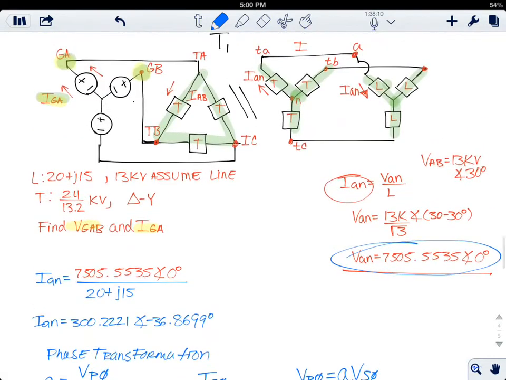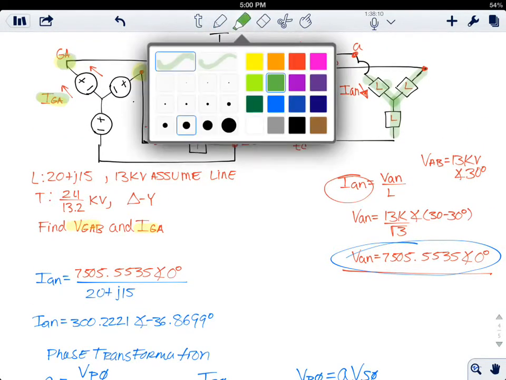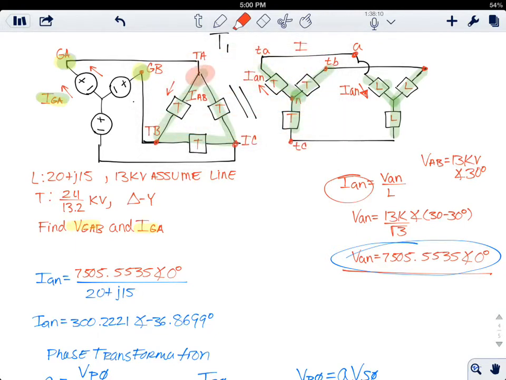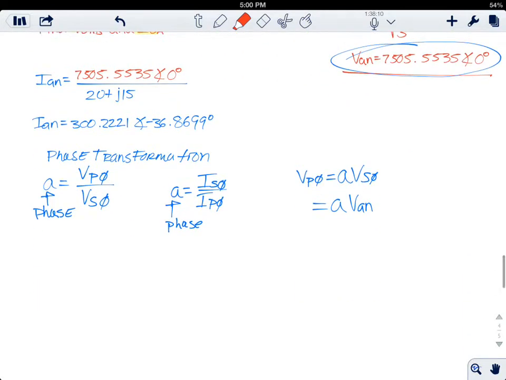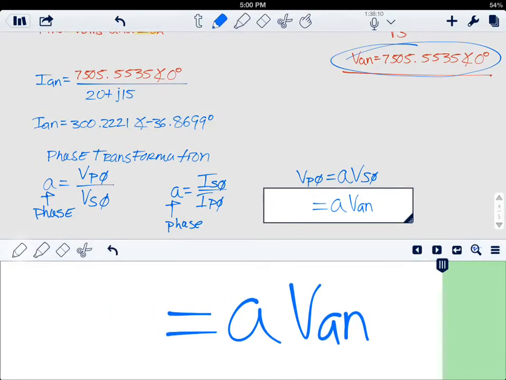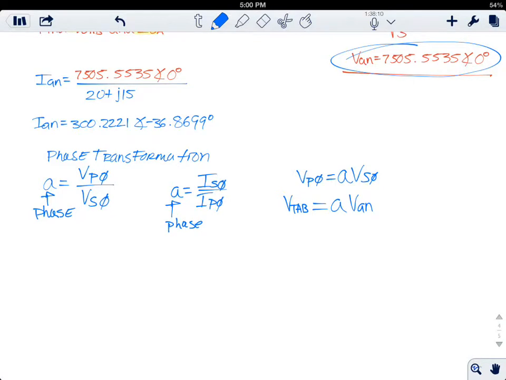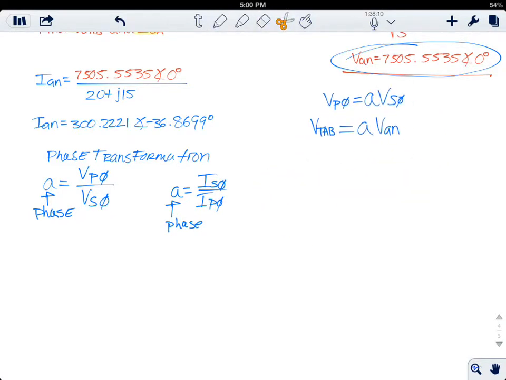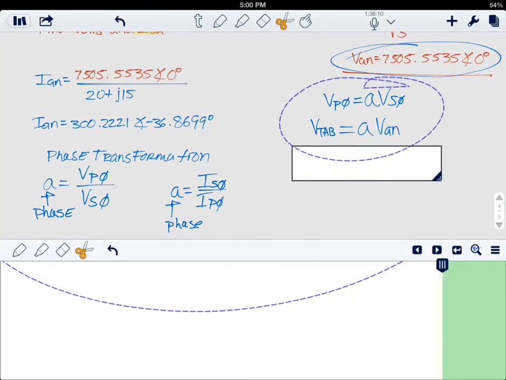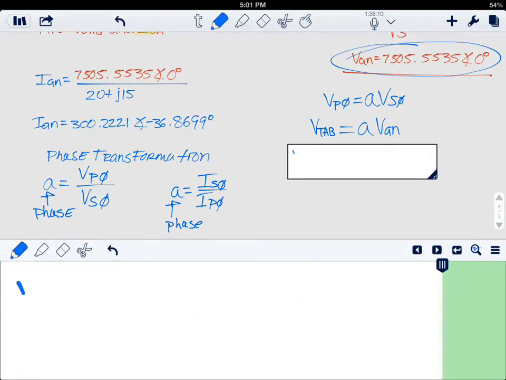And the phase voltage at the primary is going to be from point A to point B. So all we have to do now is substitute those values to find our voltage AB.